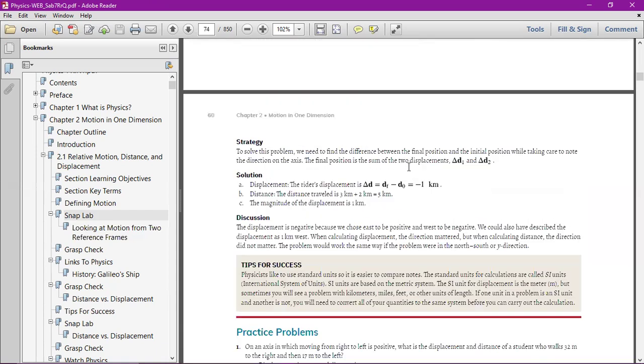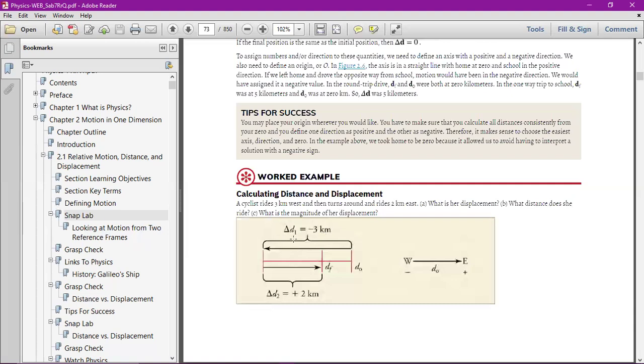So, this example. All right, look at this example. A cyclist rides 3 kilometers west, then turns around and rides 2 kilometers east. What is her displacement? What distance does she ride? What is the magnitude of her displacement?